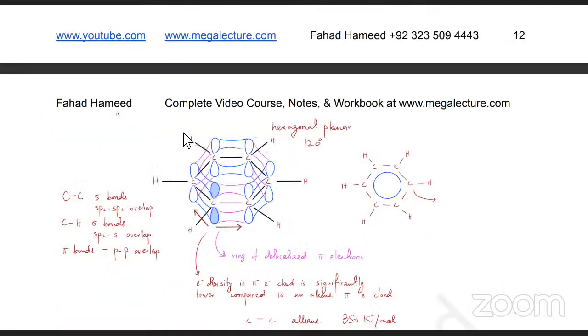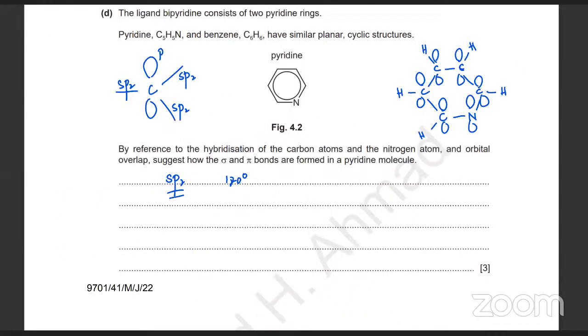When carbon forms pi bonds, the pi bonds are formed by the p orbital that is available. So you're going to state that the sigma bonds between the carbon atoms, or the carbon and nitrogen atoms, are formed when an sp2 orbital overlaps with another sp2 orbital.